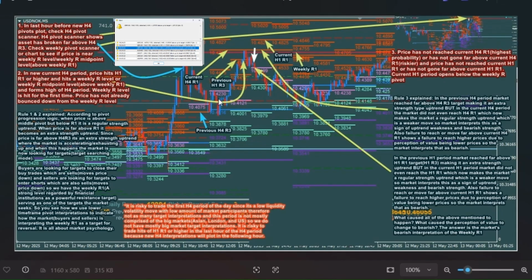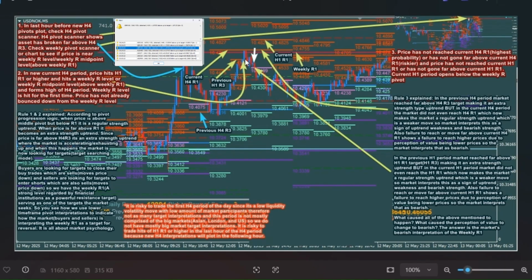And we see in the new current H4 period, price moves up and hits the H1 R1 and hits the H1 R3 and even goes further above the H1 R3. So in this case, price moved higher and hit the H1 R3.